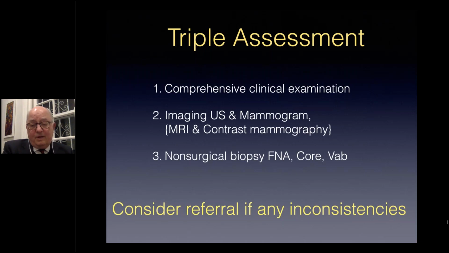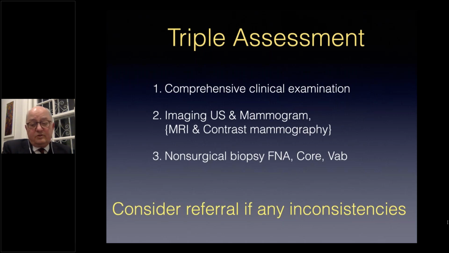And in non-surgical biopsies, we mean either a fine needle aspiration, a core biopsy, or some sort of vacuum-assisted biopsy. Our preference always is to go for a core rather than a fine needle aspiration, although sometimes an FNA is a valid test to perform.